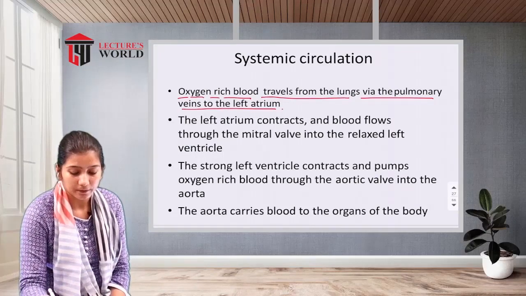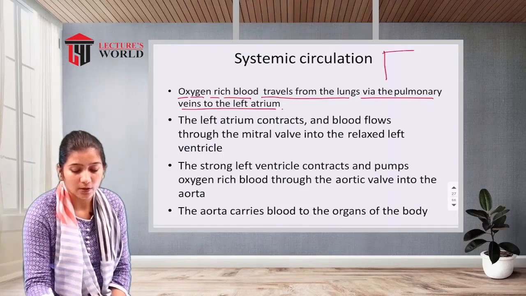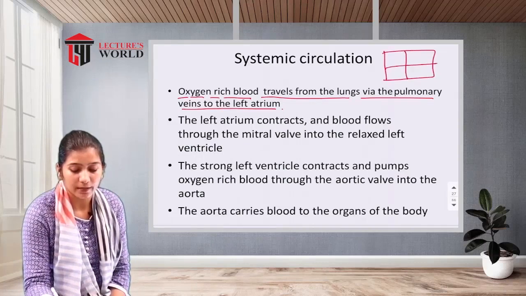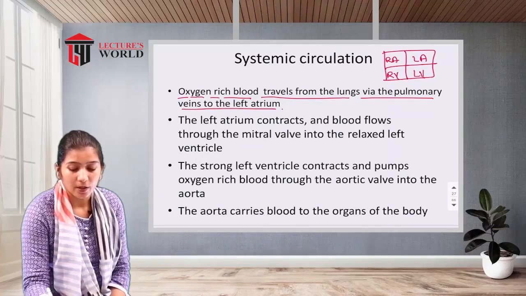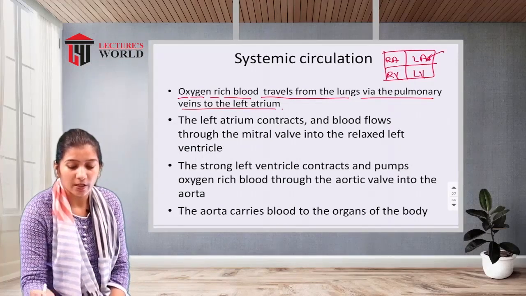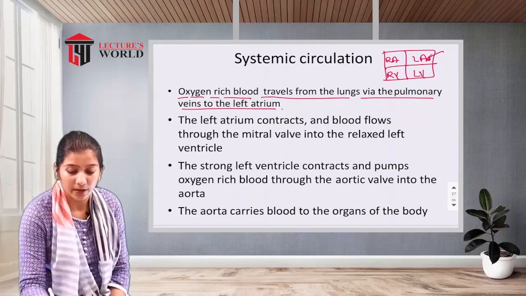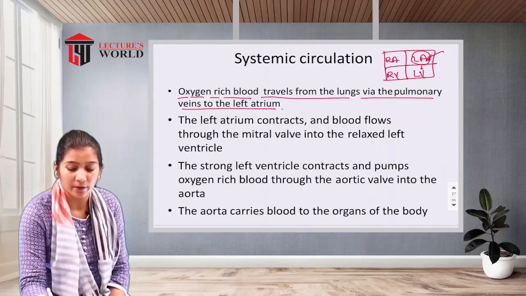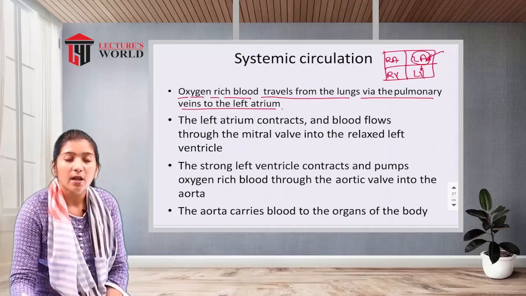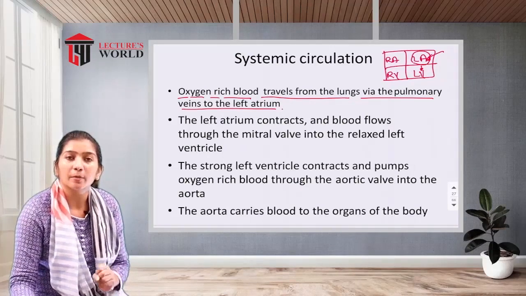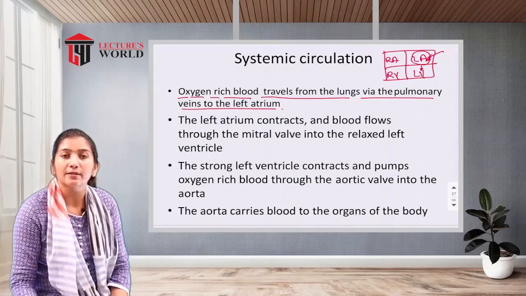Suppose these are the four chambers: right atrium, left atrium, right ventricle, left ventricle. Oxygenated blood comes into the left atrium, then the left atrium contracts and the blood goes down to the left ventricle, and when the left ventricle contracts, the blood passes all over the body.